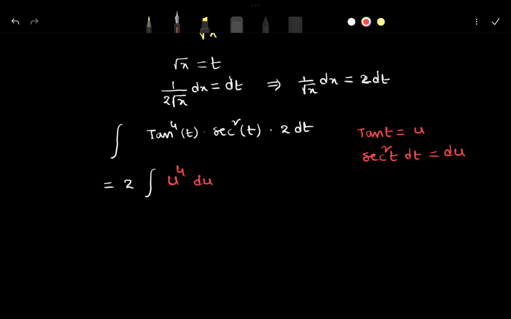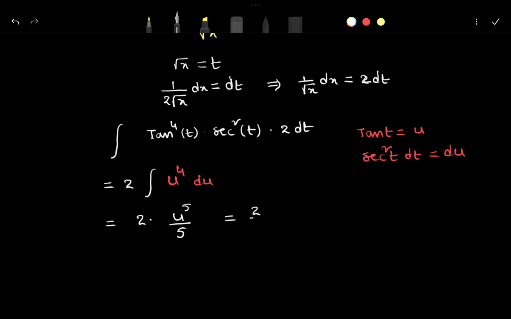Now here this is x to the power of n. Integration of x to the power of n equals x to the power of n plus 1 by n plus 1. So this value is 2 into u power 5 whole divided by 5. Now what is the u value?